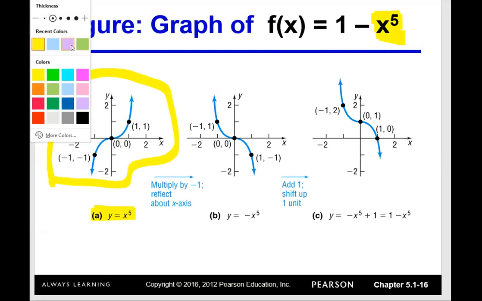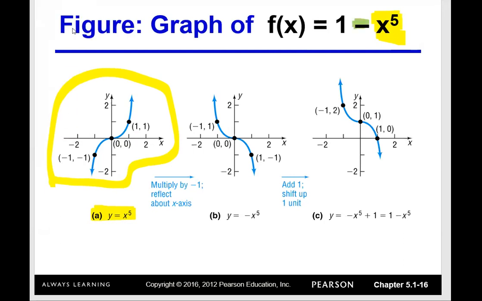Then they move on to the fact that you've got this negative here in front of the x to the fifth. So multiplying by -1, what it'll do is reflect it about the x-axis.